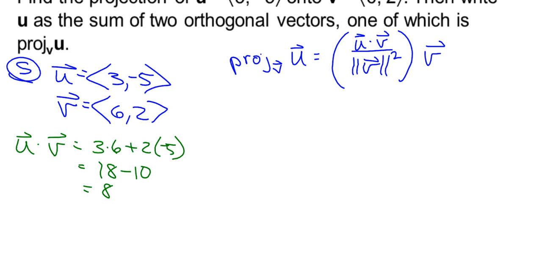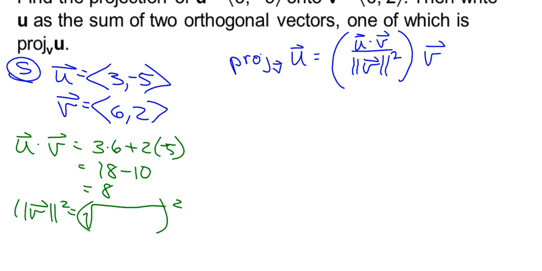And then we want the magnitude of v squared. So, you know, we're square rooting, but then we're going to square. I'll write it like that just to remind us that if we have to find the magnitude, it is with the square root.